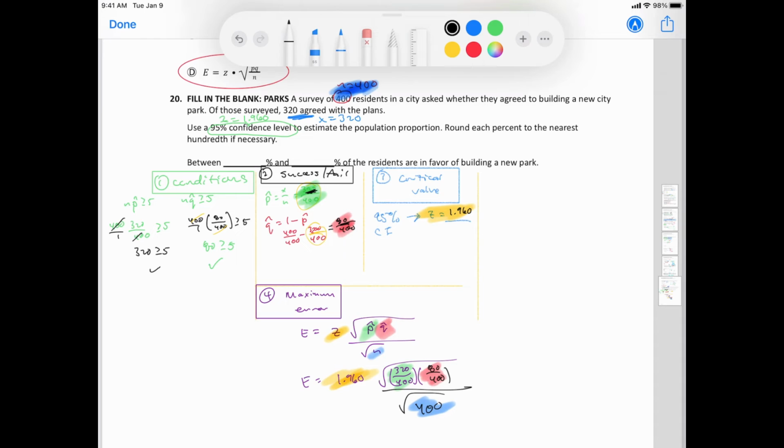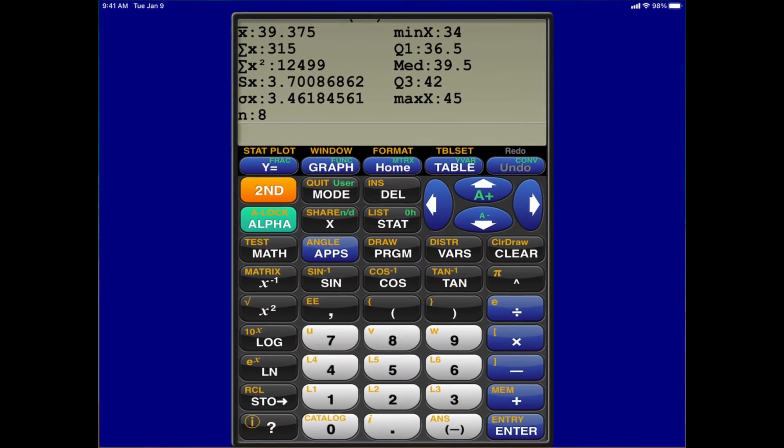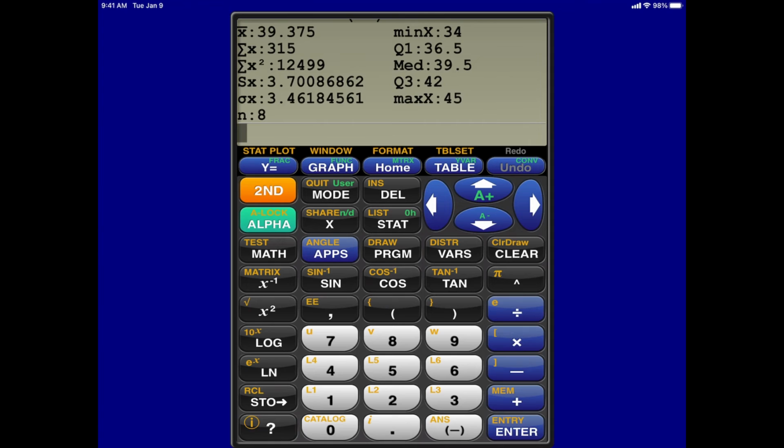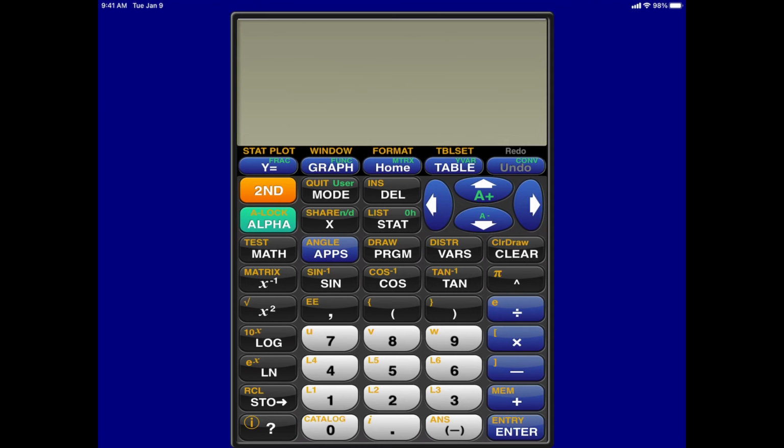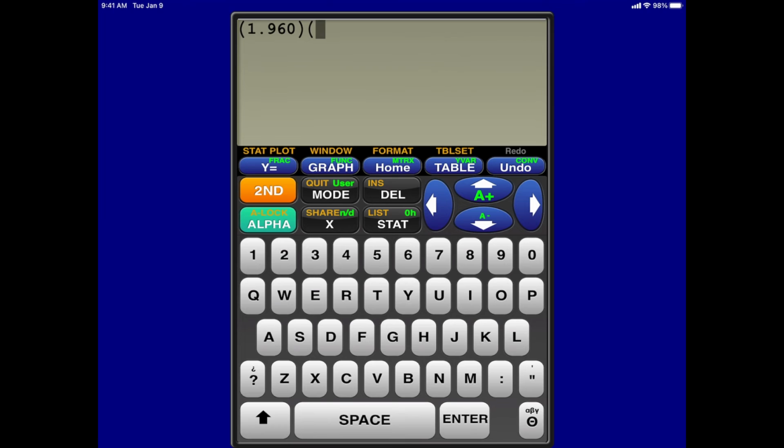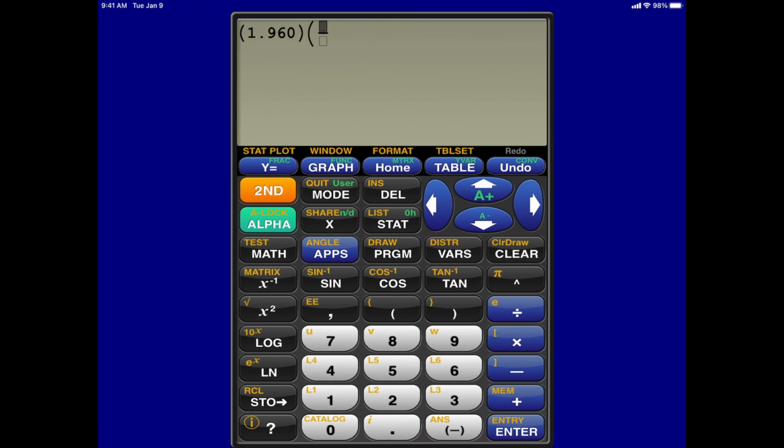Let's pop that into the calculator. I'm going to do 1.960, and to make a fraction, you can do alpha y equals, where it says fraction, numerator denominator.